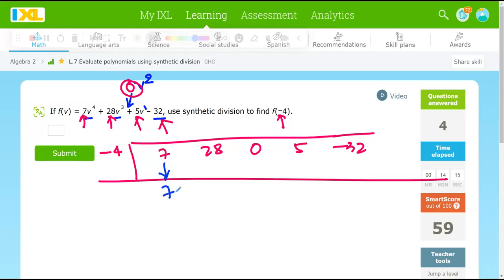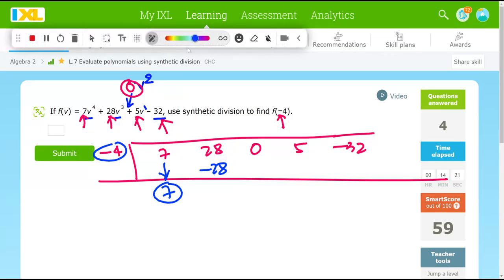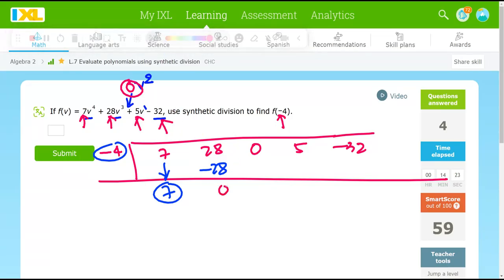7, move down. Negative 4 times 7, negative 28, okay? So add together, it becomes 0, okay? Let's find the next number right here. Okay, I take negative 4 times 0, which is 0. Add together is also 0. Okay, now I want to find a number right here.